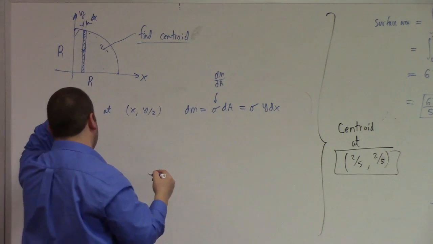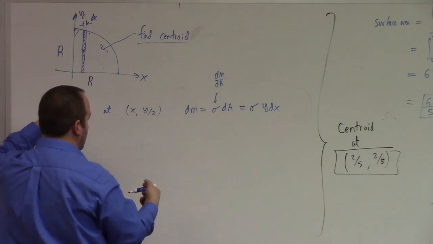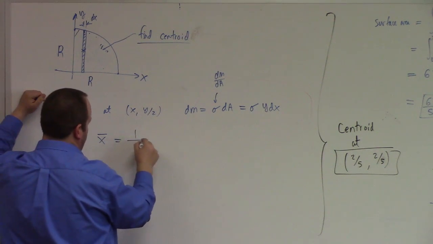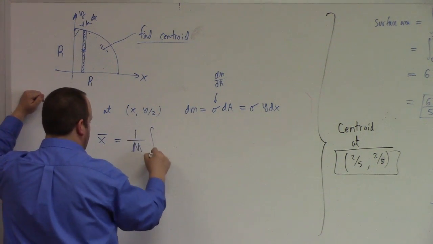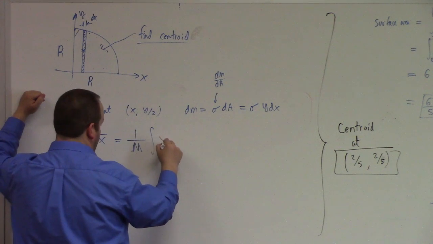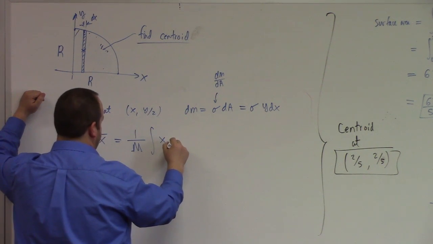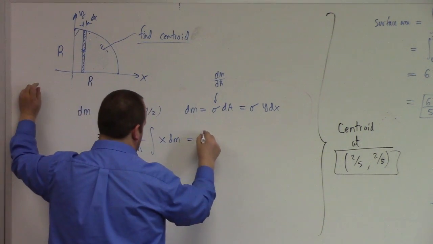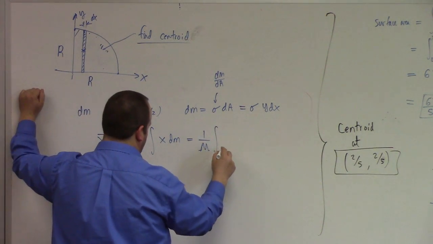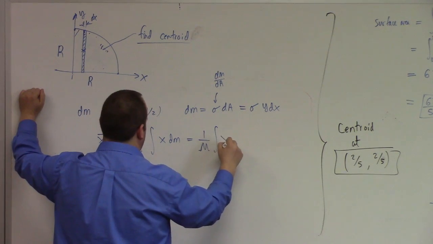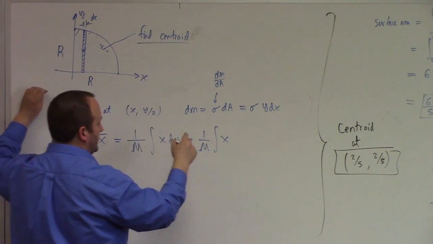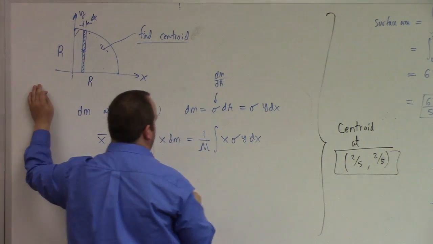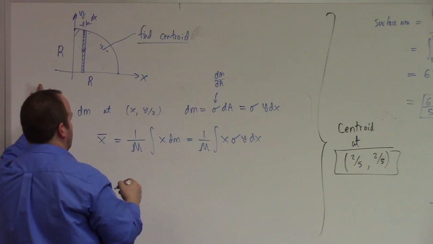And then to find the x bar, you have 1 over the total mass, the integral of x dm. But that is 1 over m, the integral of x times, well, the dm again was sigma y dx.